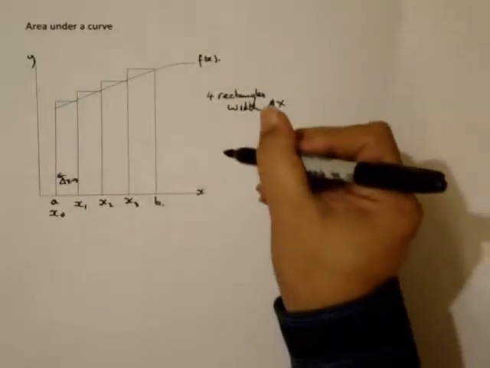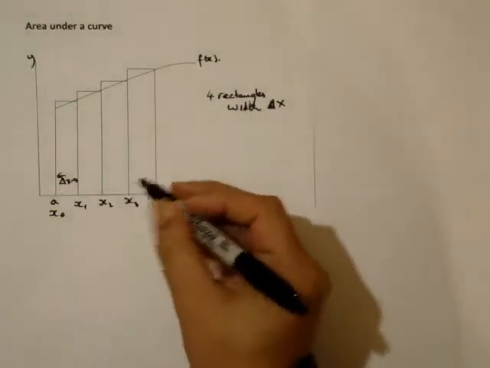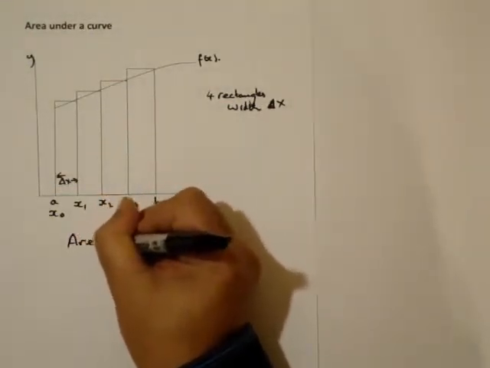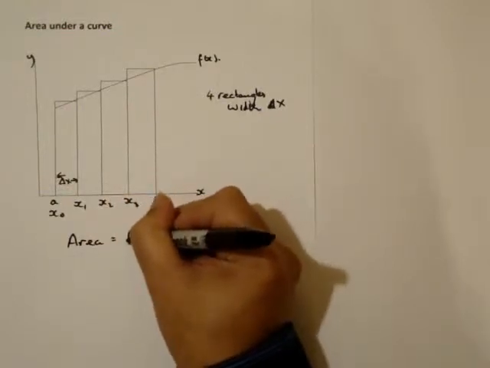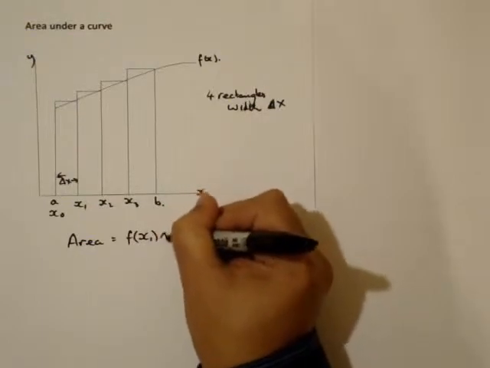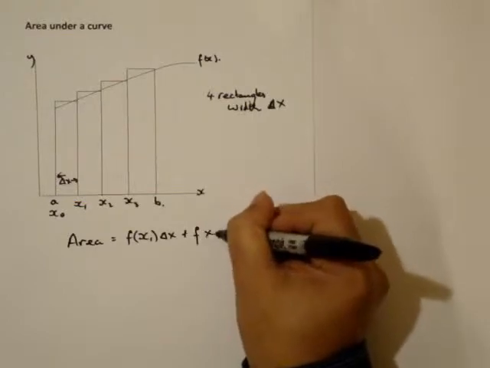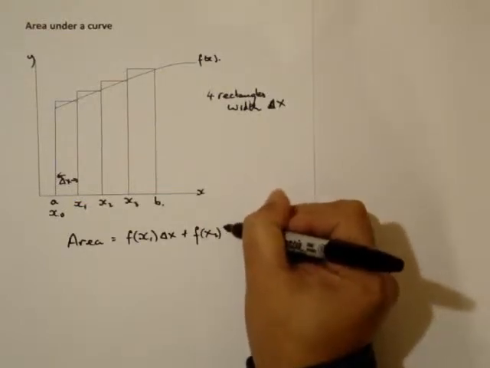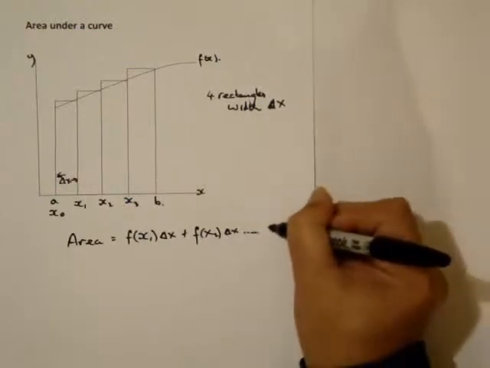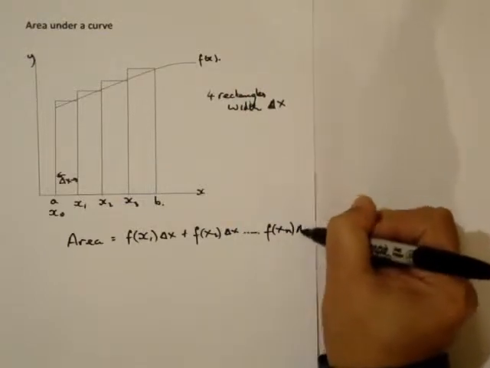But in this case we start off at f of x1, so area equals f x1 delta x plus f x2 delta x, and then so on until f xn delta x.